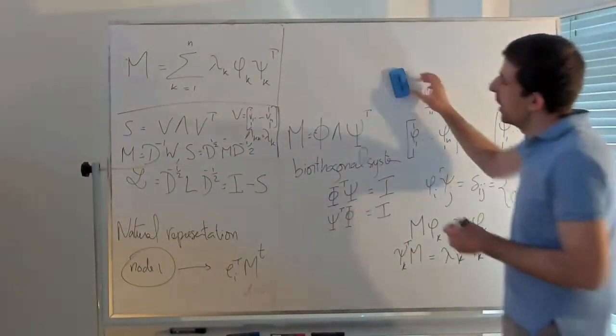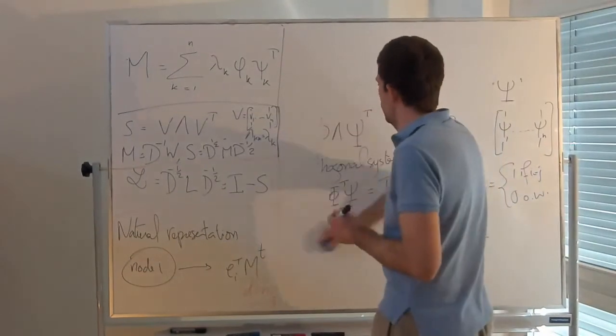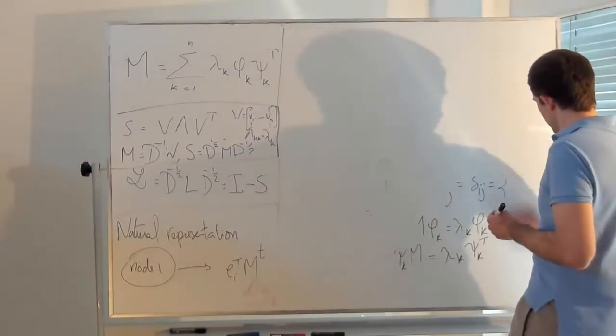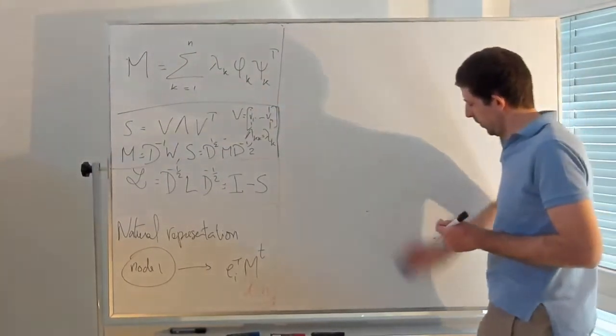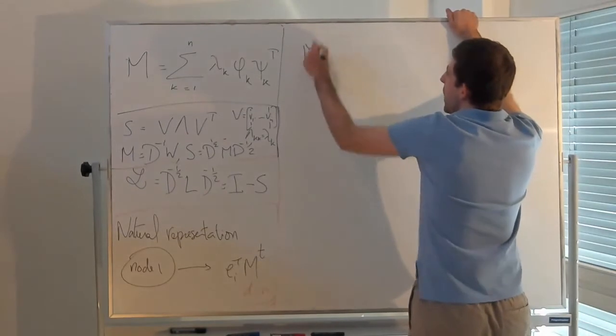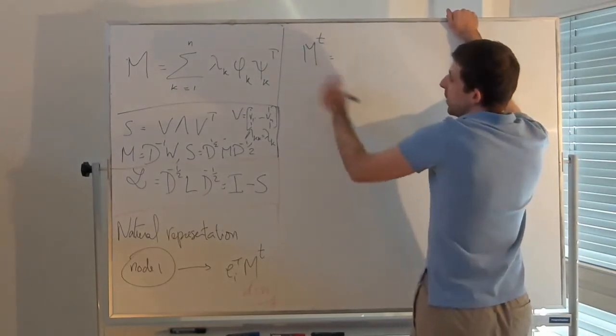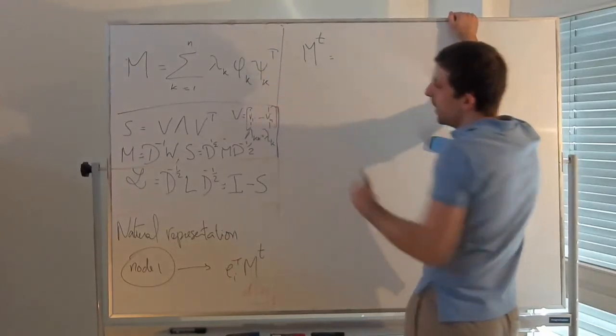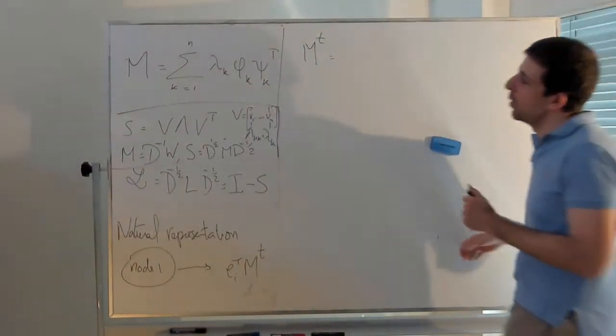And the nice thing about this decomposition is that if I now take M to the t, if I multiply this over and over again, all the cross terms go away.